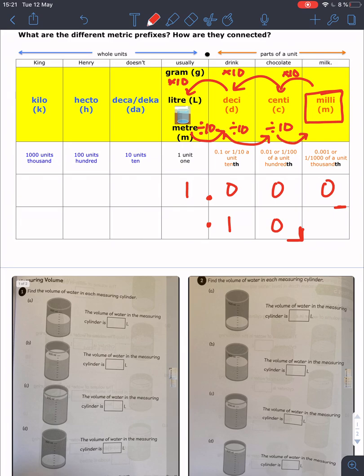But we can see that when we compare it to liters, it's 1/10 of a liter. Another way to say 1/10 of a liter is a deciliter. Let's go through a little bit of that one more time just to make it clear, okay?